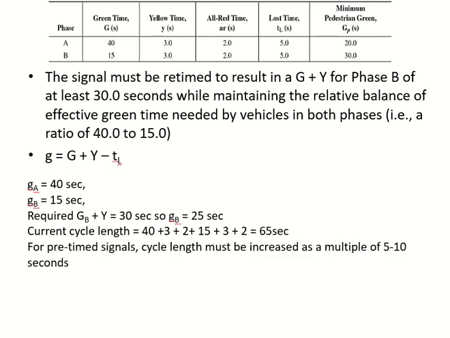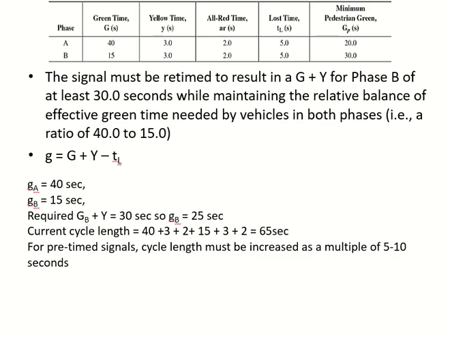Now, this is actual green, capital G. If I had to increase this time, then the total should also increase, right? If you increase one time, then the total should also increase.